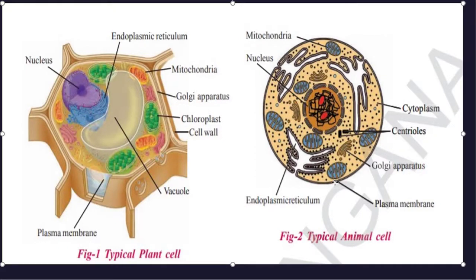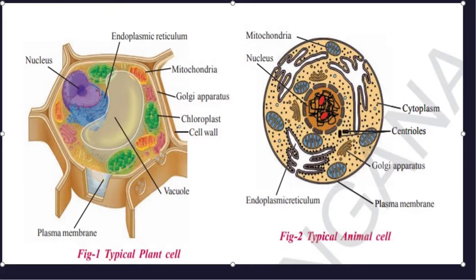And any other? Endoplasmic reticulum? Here also. Nucleus? Here the nucleus is present, here also. Centrioles are present here in the animal cell but not in the plant cell. These are the parts present in the plant and animal cells.